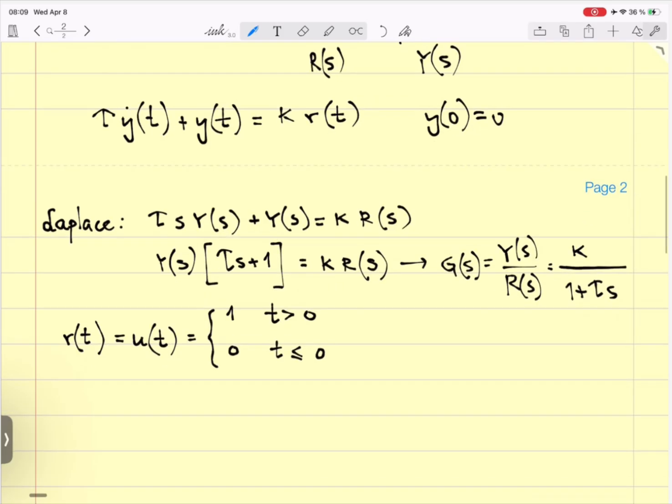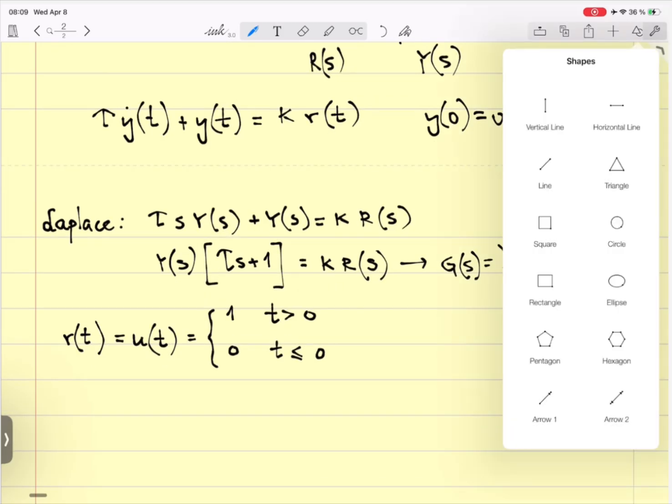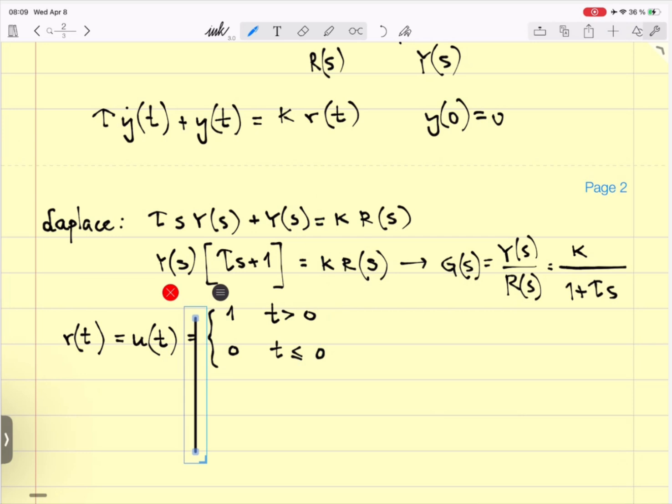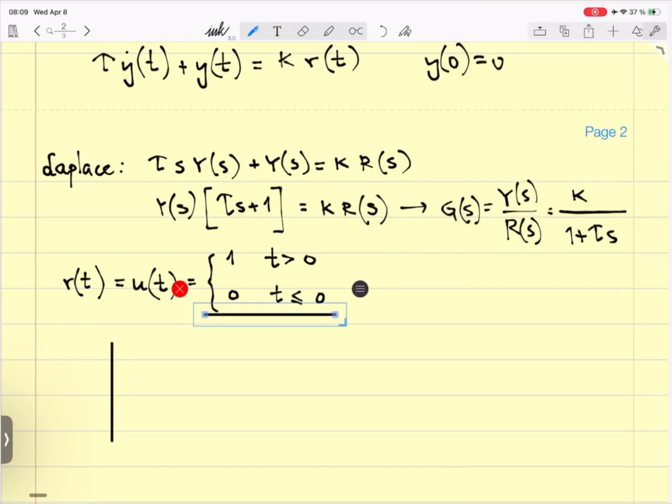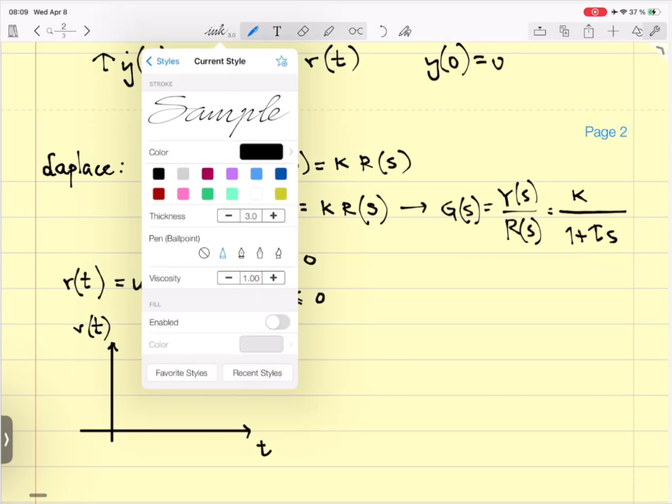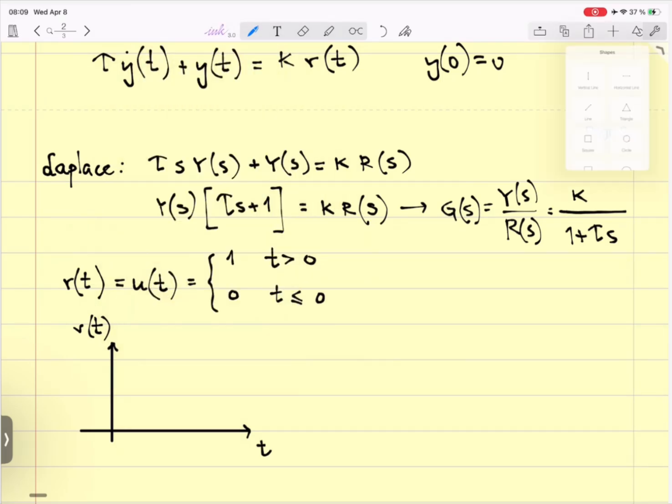In other words, we are inputting to our factory a step demand change, let's say. Okay, if this is time, this is r of t. Okay, we are inputting a certain step function.